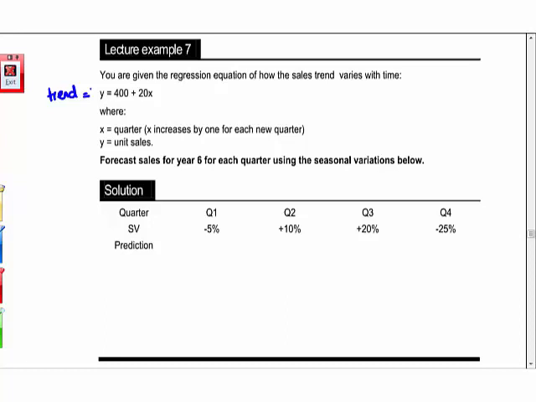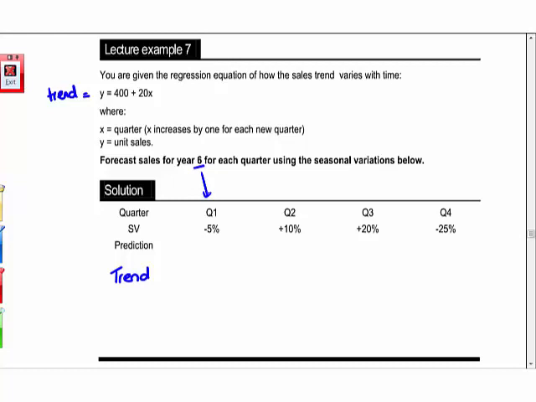What we need to do then is we need to work out what the underlying trend is so that we can apply the seasonal variations which have been given to us as percentages, so using the multiplicative model, to give our predictions. What we need to do first of all then is to work out which quarter number is going to be year 6, quarter 1.